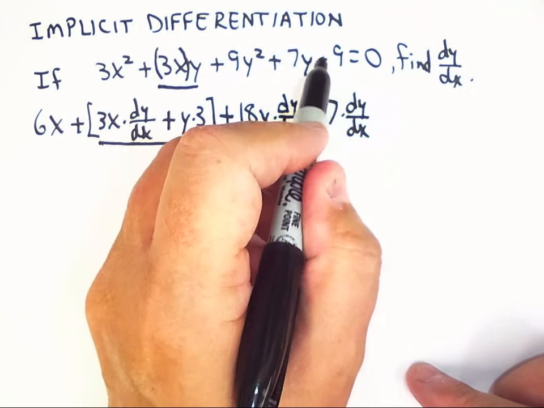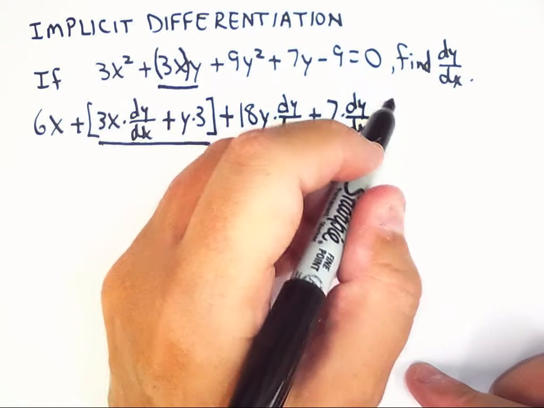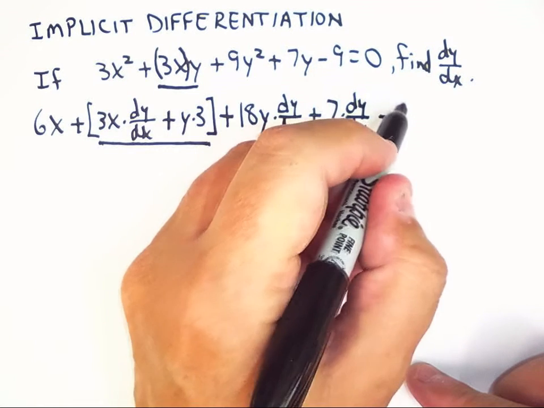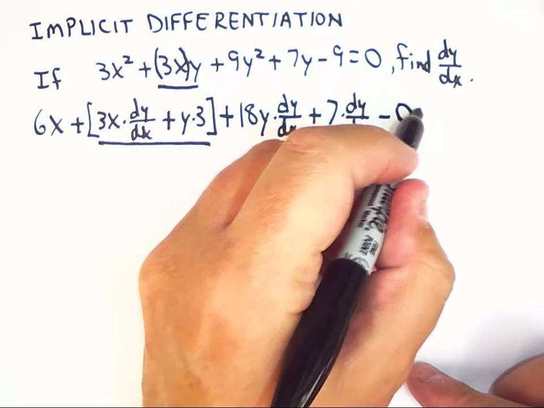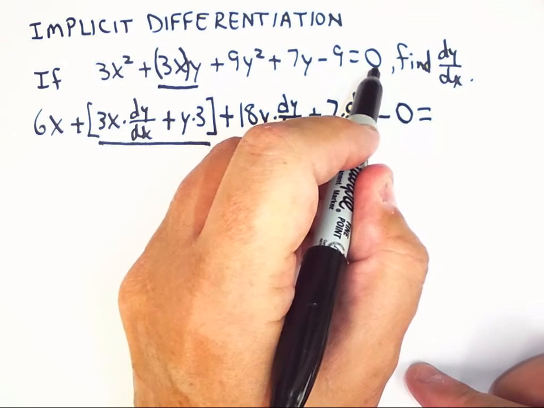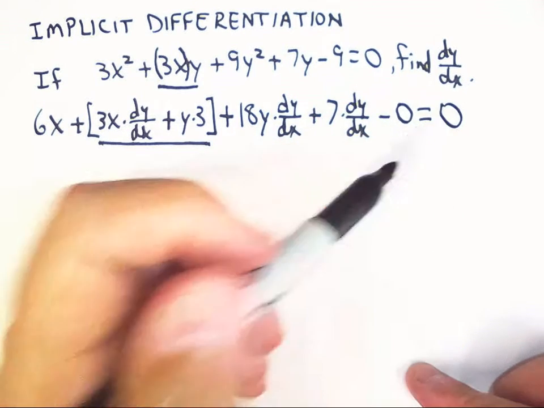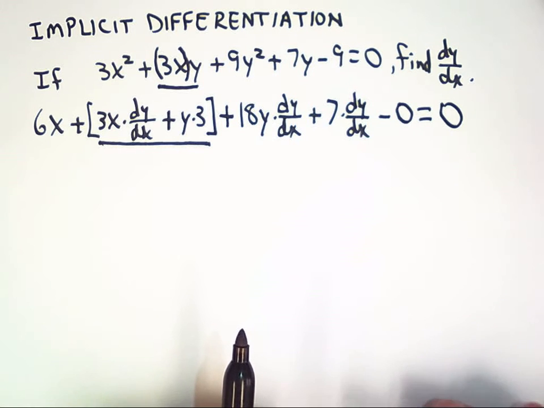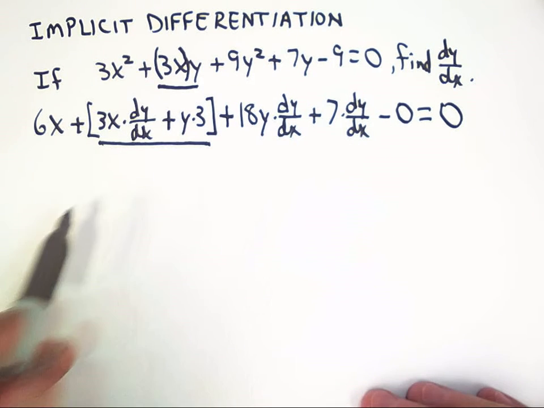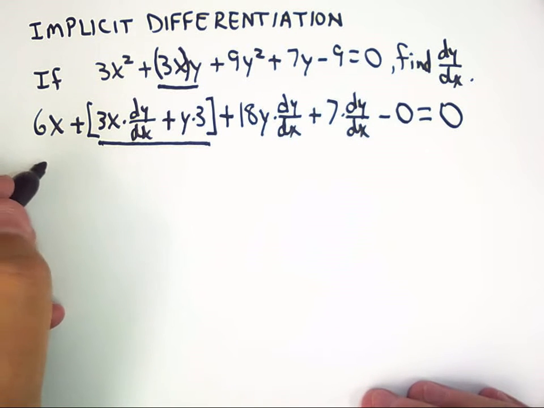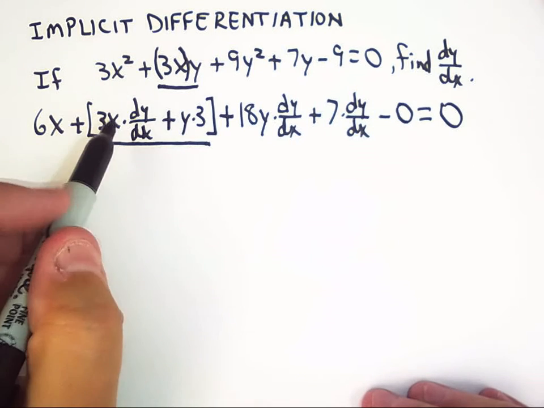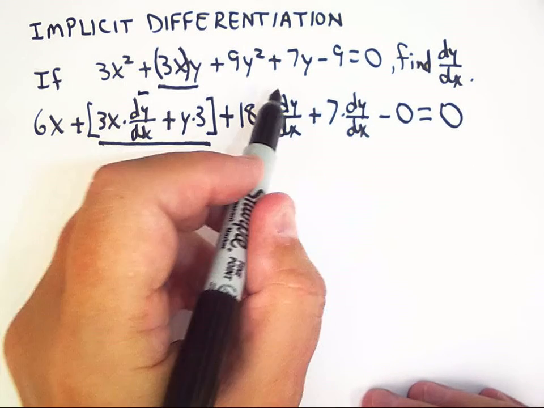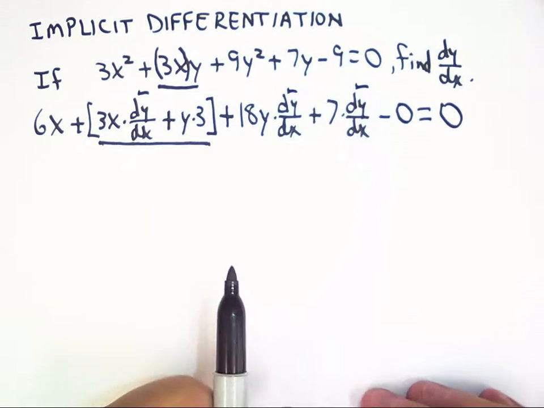Then you've got the derivative of negative 9, or minus the derivative of 9, however you want to look at it. The derivative of 9 is 0. And then on the other side, the derivative of 0 is 0. Now I want to clean this up a little, make it look better. And I also want to collect the terms that have dy over dx together on one side.